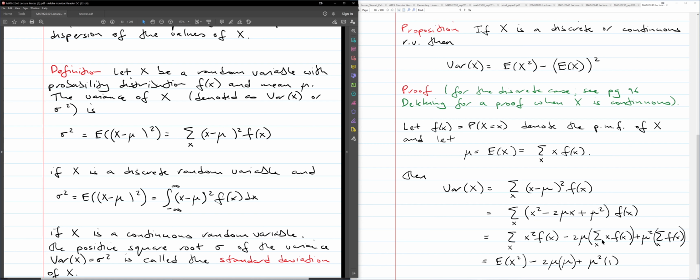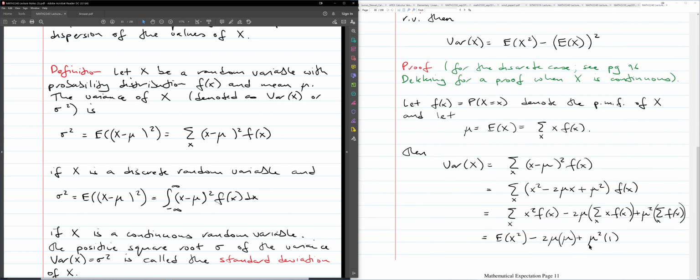This over here is the summation of x times the PMF, but the summation of x times the PMF is just the expected value of x, which is mu. So inside this bracket it's mu. And this first summation is the expected value of a function, the function x squared, so it is the expected value of x squared.